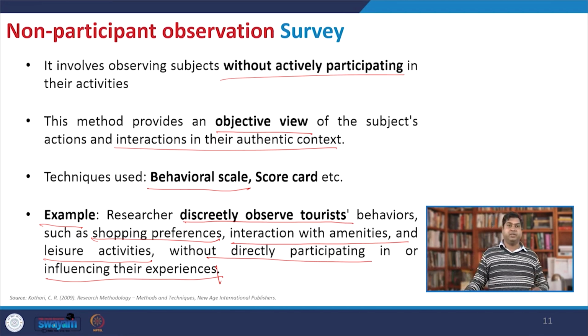So, then that is something you can say that you are not intervening in their actions and you are also not asking them about their preferences, you just make it based on your observation.